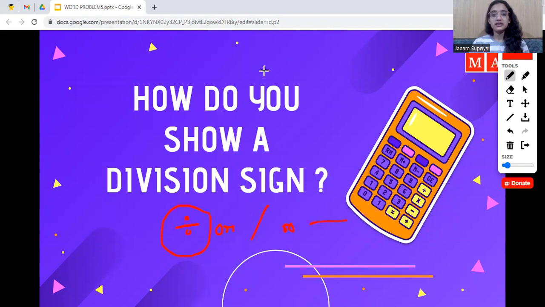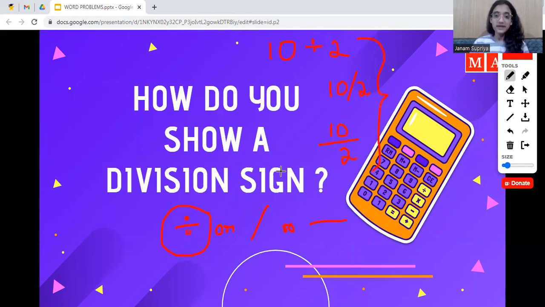When we say 10 is divided by 2, we can write it in any of these three ways.